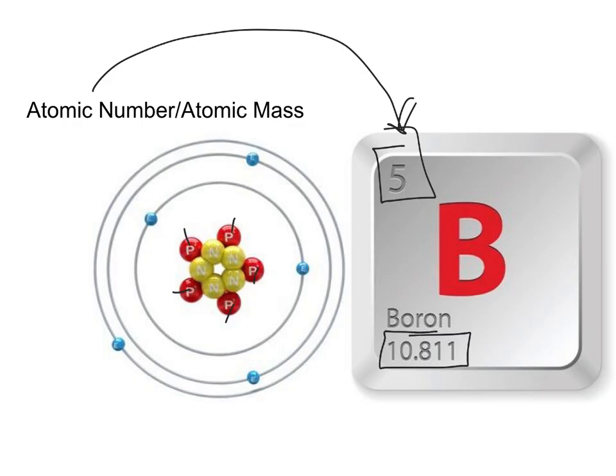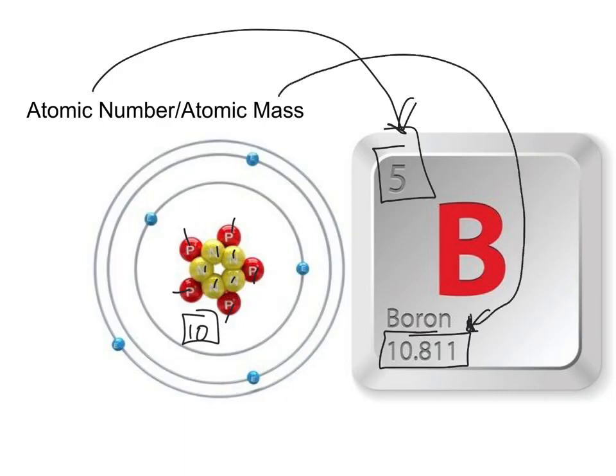Now, when I look at my mass number, if I was going to try to figure this out, I have 1, 2, 3, 4, 5 protons and 1, 2, 3, 4, 5 neutrons. And so I would say, well, my mass number is 10. Now, when you look on your periodic table, you're going to often see a decimal number. Now, this is something called the atomic mass.